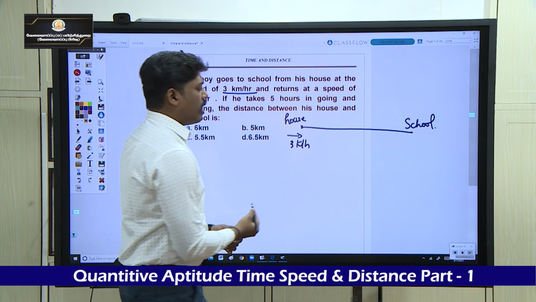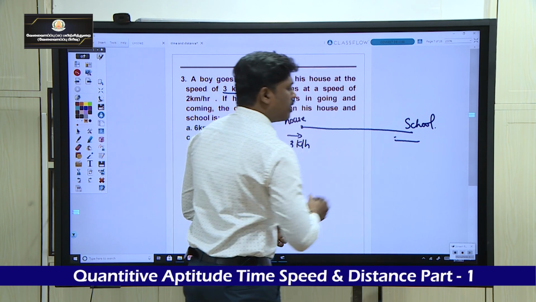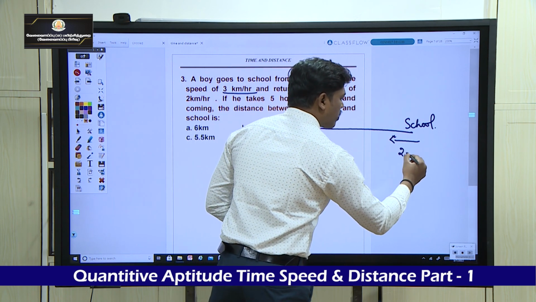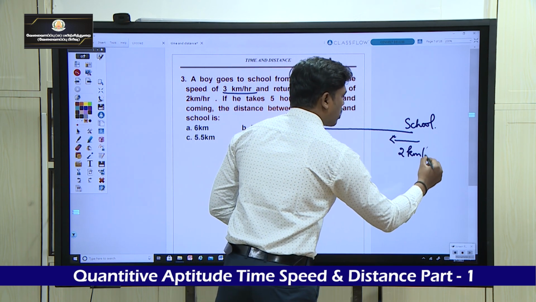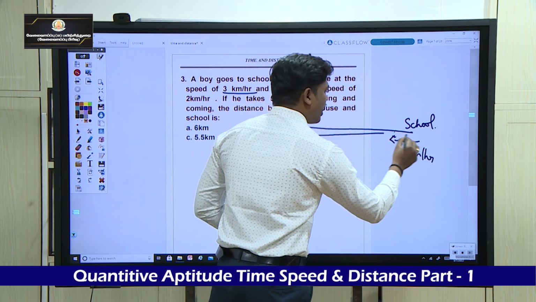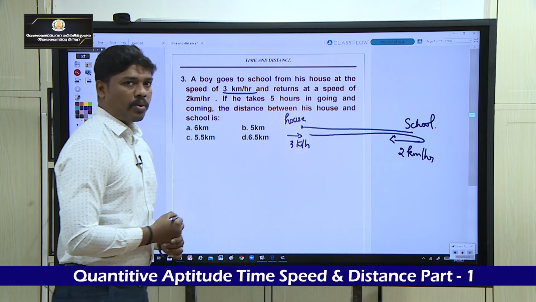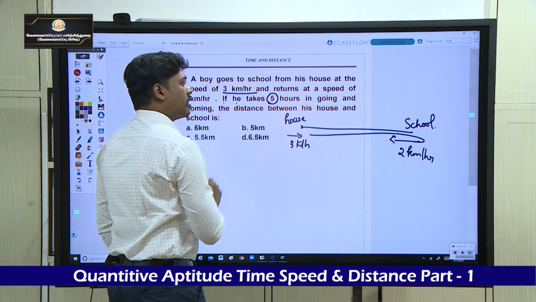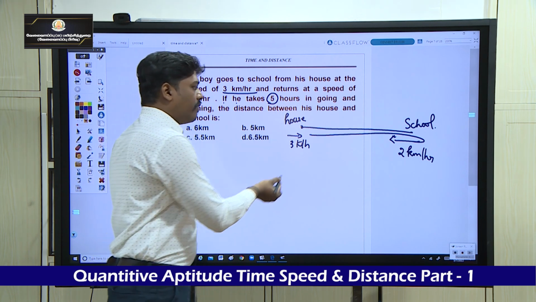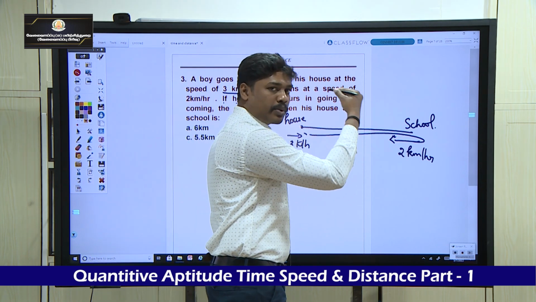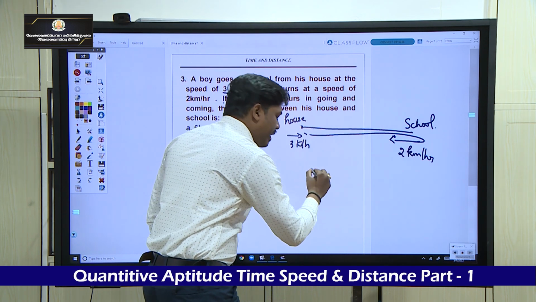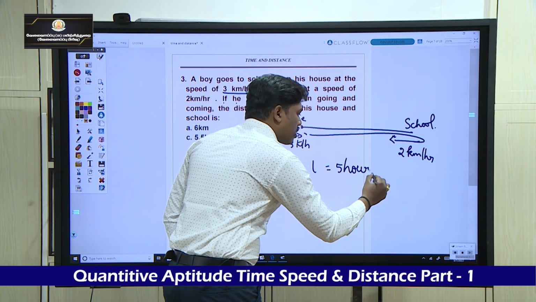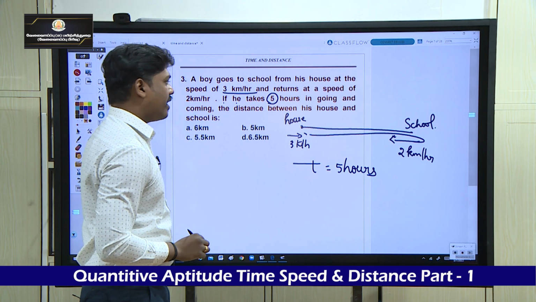After going, he is returning home at a speed of 2 kilometer per hour. If he takes 5 hours in going and coming, which means from house to school and from school back to house, it takes 5 hours.